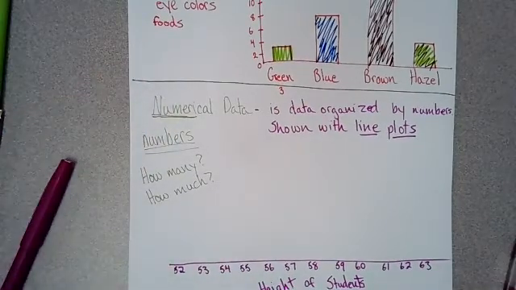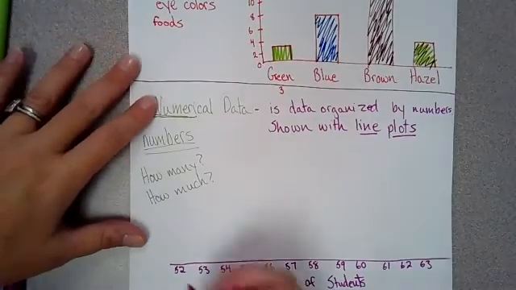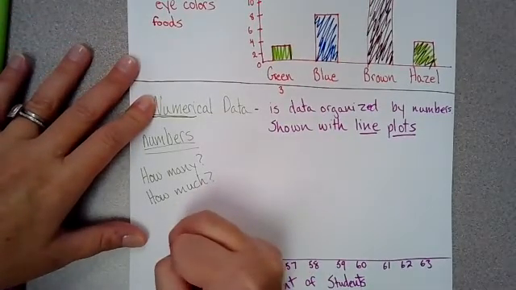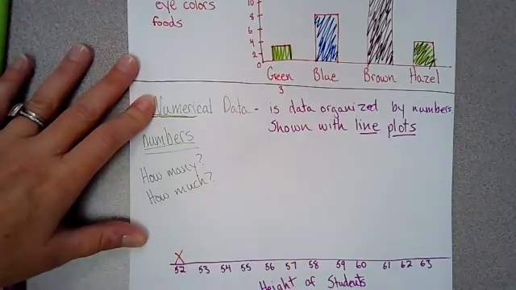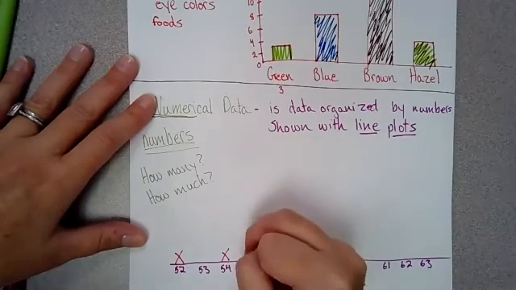So what you would do is you would measure all of the students and you would organize their heights using a line plot. And I'm sure you guys have seen this before. Let's say we had one student who was 52 inches, so you would make 1 x. Let's say we have one student who was 54, so you'd make 1 x.